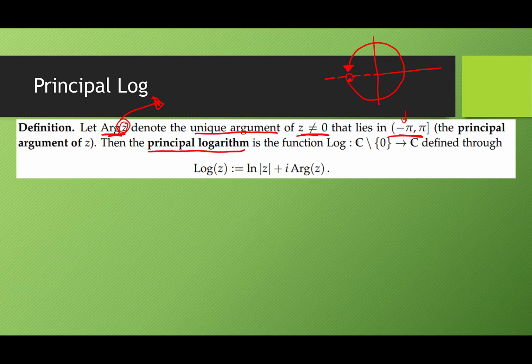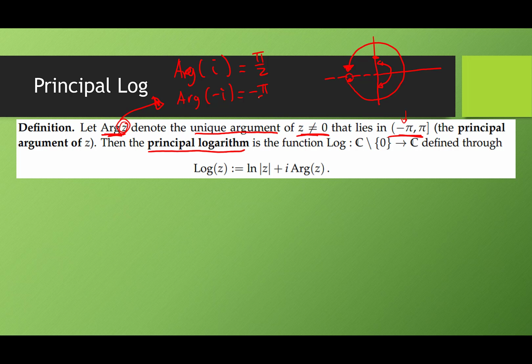For example, let's say we were looking at the argument of i. Since i is right here, it would be pi over 2.